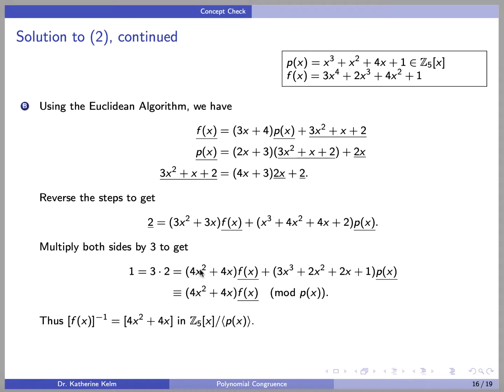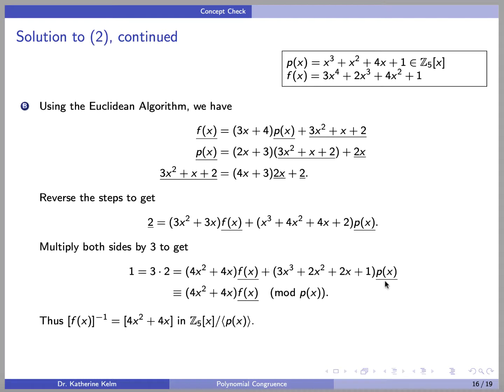We'll get 4x squared plus 4x times f of x. And in the other term, multiplying x cubed plus 4x squared plus 4x plus 2 by 3, and taking the coefficients mod 5, we'll end up with 3x cubed plus 2x squared plus 2x plus 1 times p of x.